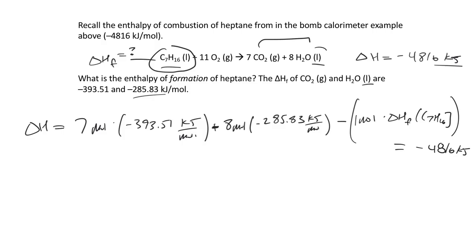So all we need to do is a little bit of algebra. So let's work this part out here and then apply some algebra steps. So 7 times negative 393.51 plus 8 times negative 285.83.